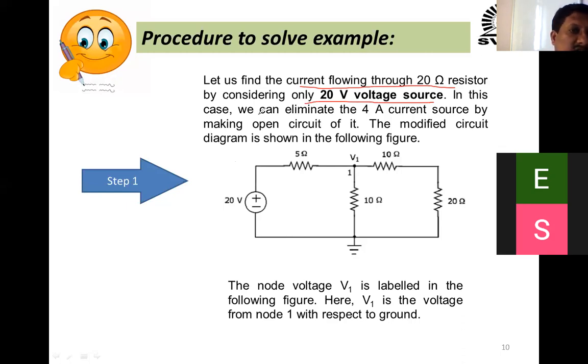In this case, we can eliminate the 4 ampere current source by making it an open circuit. The modified circuit after opening that current source is shown here. That is, the current source that was here, we have made open. Okay. Now after that, the circuit looks like what is shown here. So we have to find out this current now, and that current name will be I1, which is flowing through this 20 ohm.